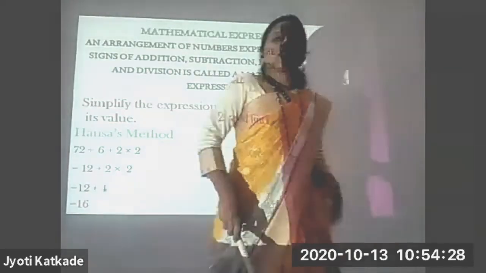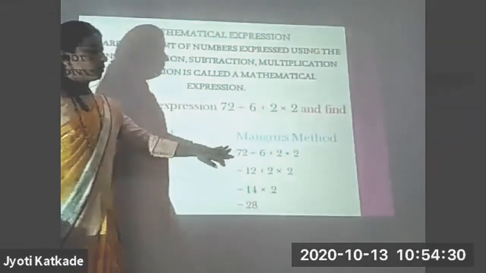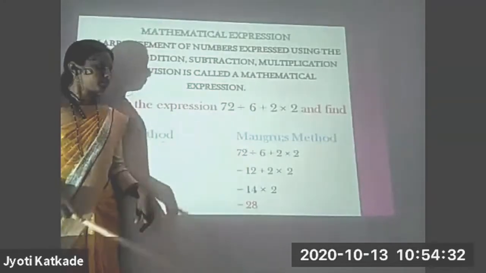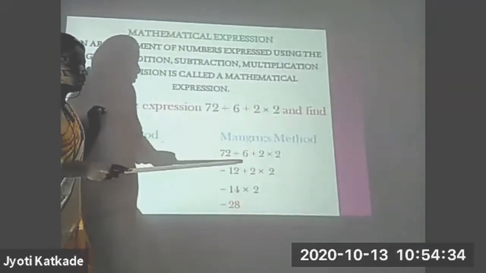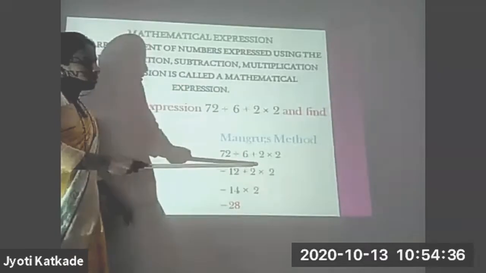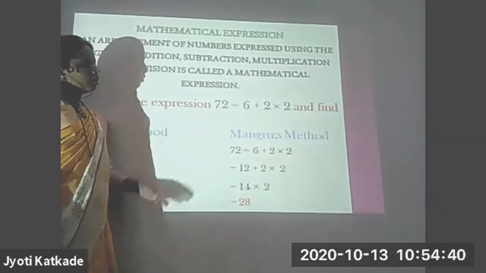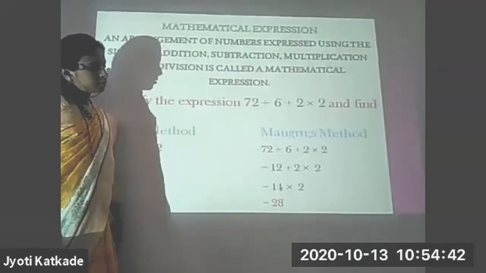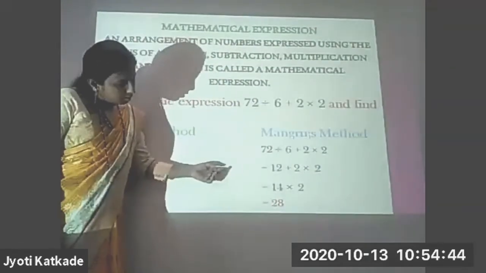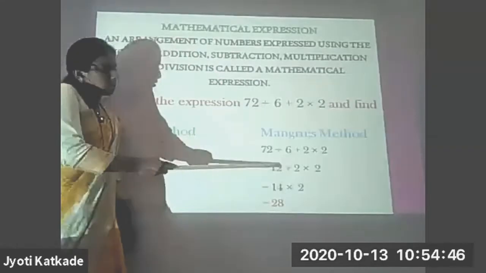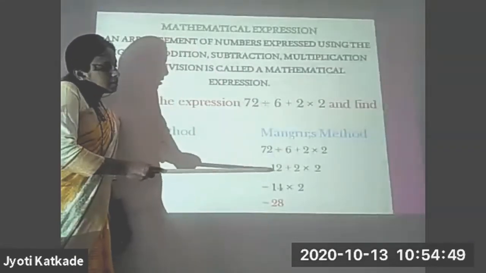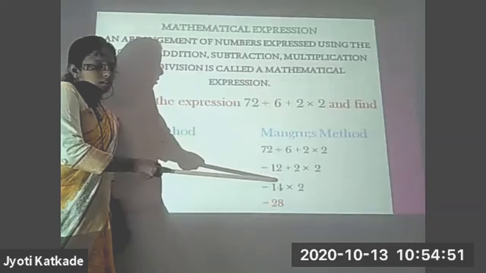Okay. Now see, the second student solves by a different way. That is 72 divided by 6 plus 2 into 2. Now, the second student does the division first. 6 12s are 72. There is 12.